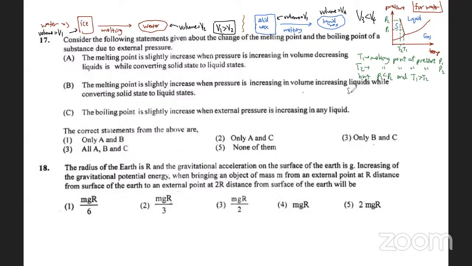So what can I say? When pressure is increased, what is happening to the melting point of water, people? When pressure is increased, melting point reduces for water. What do you think will happen to wax then?